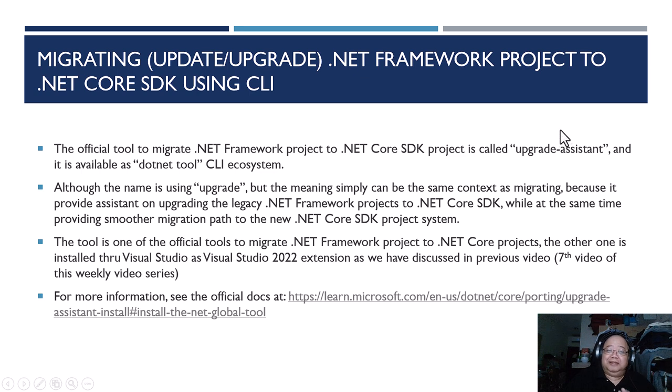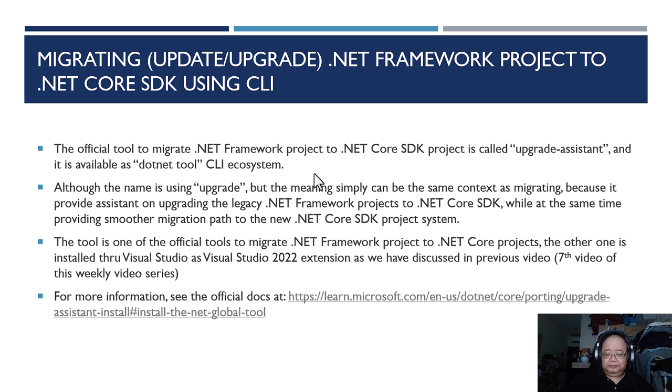The name may be a little bit confusing, but basically it means that you can just do the migration, because the content of the project is not simply updated; at the same time you are removing unnecessary elements, especially the MSBuild XML elements that are available on the legacy project that we have discussed last week.